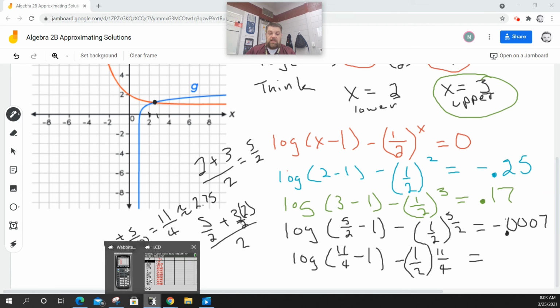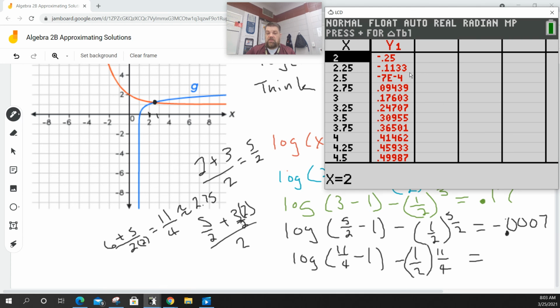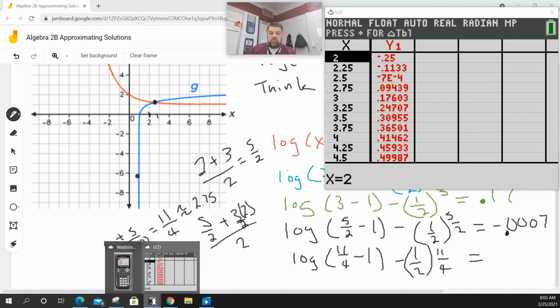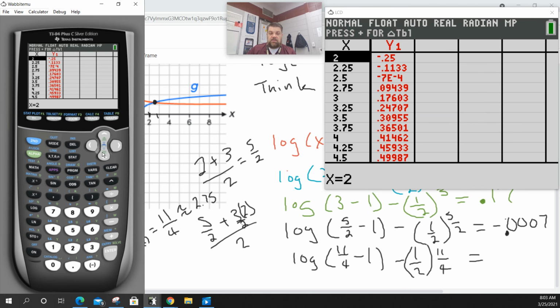And now when I come down here, I get a positive value, right? So when I look at 2.75, now I have a positive value. So now I'm going to replace the upper boundary because it's a little too much. My upper boundary's a little too high.